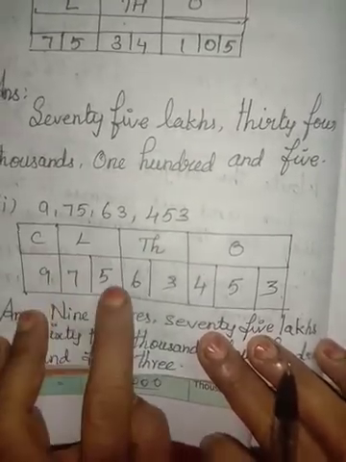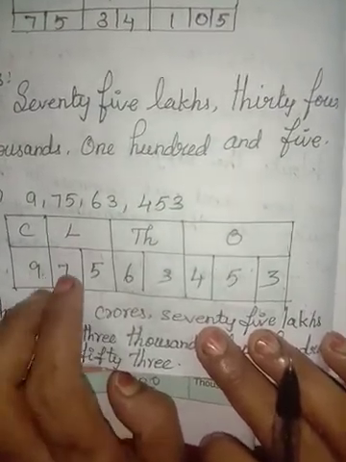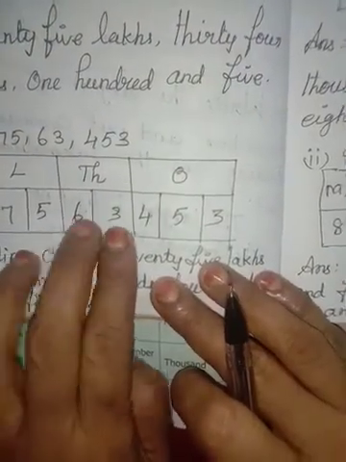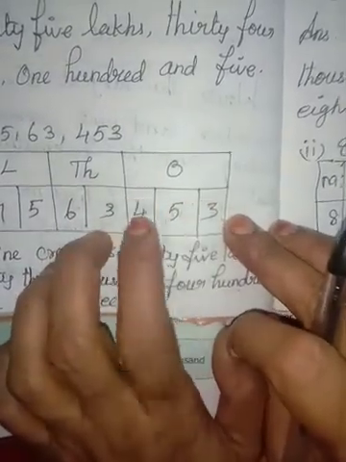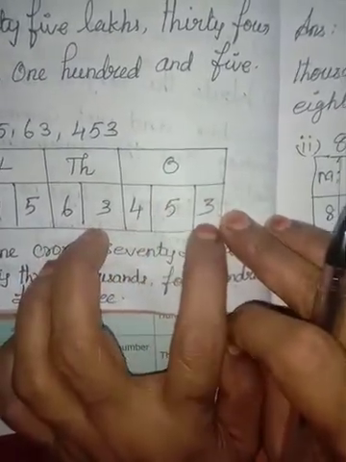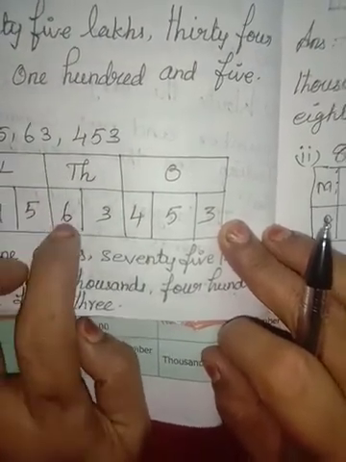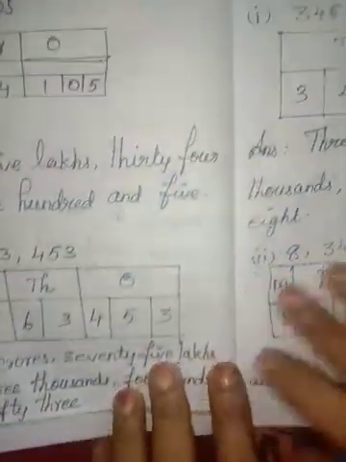And then read the numbers 75 and put the group lakhs. So 75 lakhs. Again read the number 63 and put the group 1000, and then it is as usual 453. So 9 crores 75 lakhs 63,453. That is the answer.